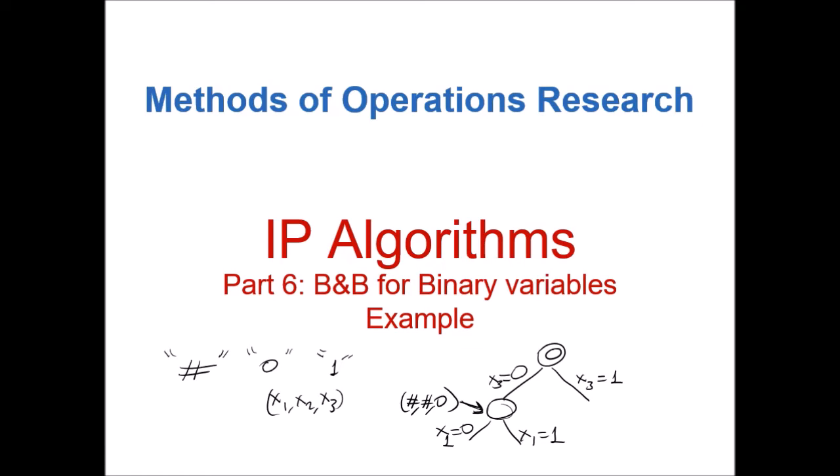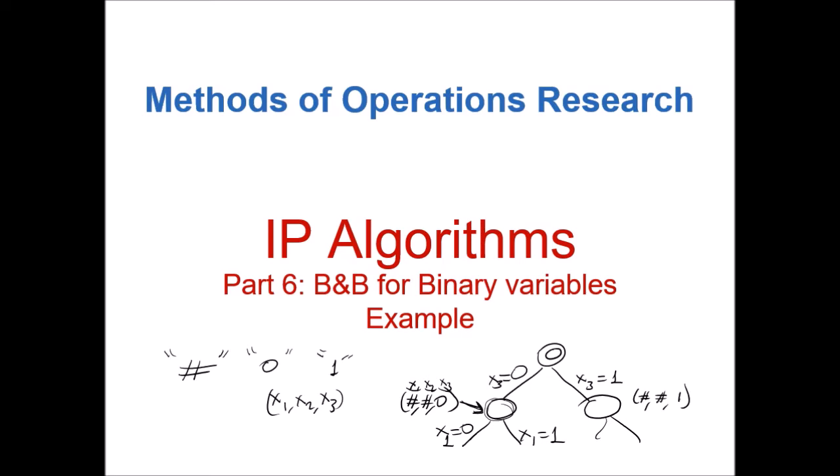So this represents that x1 is not fixed, x2 is not fixed, but x3 is 0. And it means that in all the branches down this one, the value of x3 will always be fixed to 0. But in all the branches that come down this one, the value of x3 will be fixed to 1.